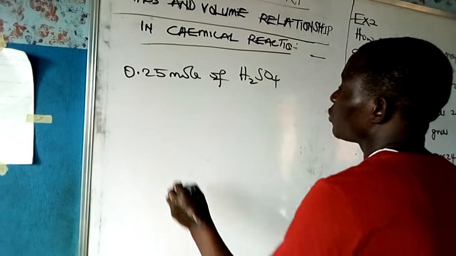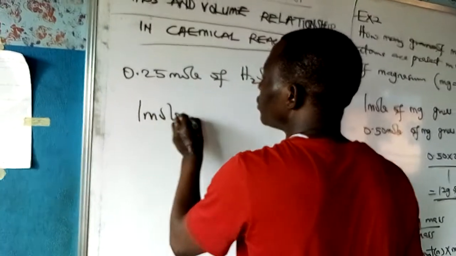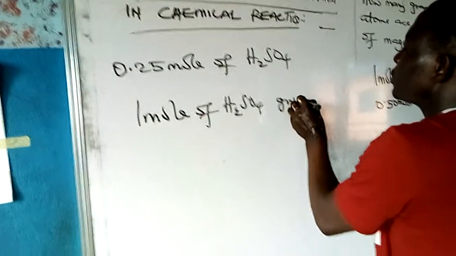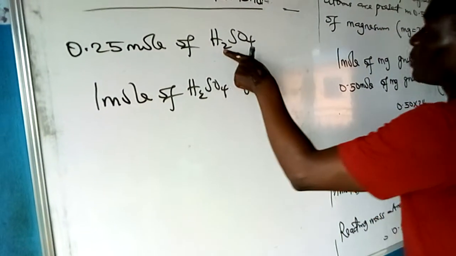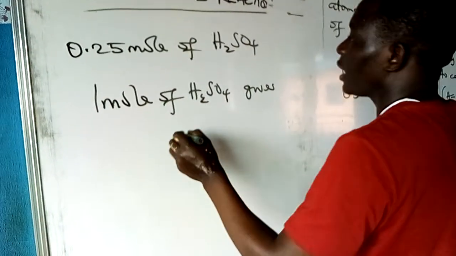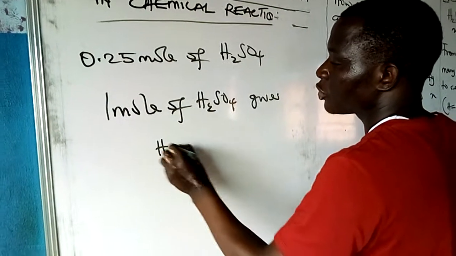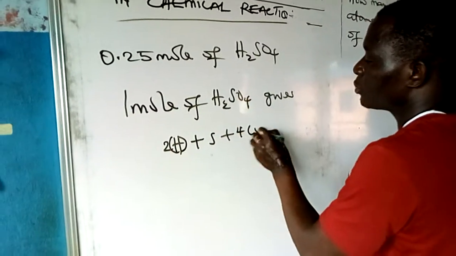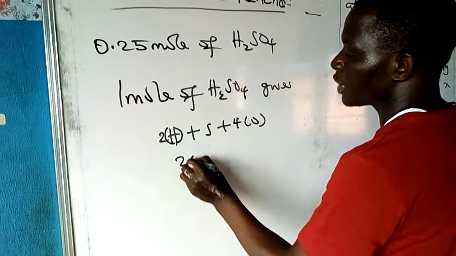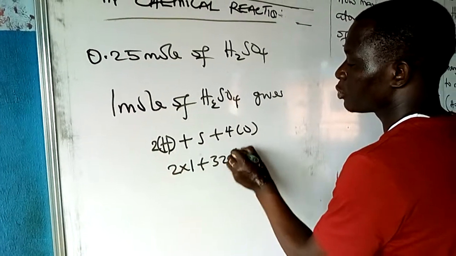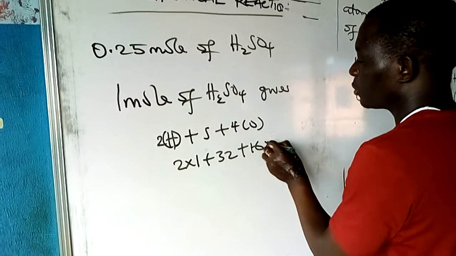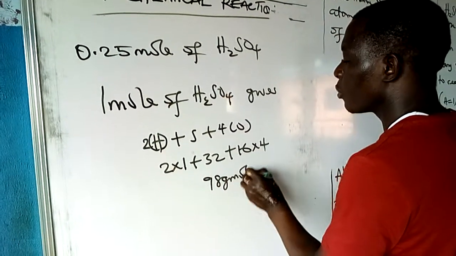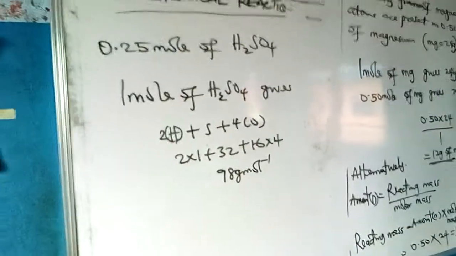You can say that 1 mole of H2SO4 gives this. What is the molar mass of this? Let's quickly calculate that. That would be 2 times H plus S plus 4 times O. That gives us 2 times 1 plus 32 plus 16 times 4. Don't forget this 4. That gives us 98 gram per mole. So that's how to calculate the molar mass of H2SO4.